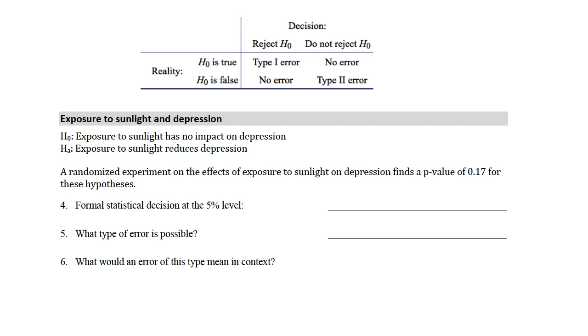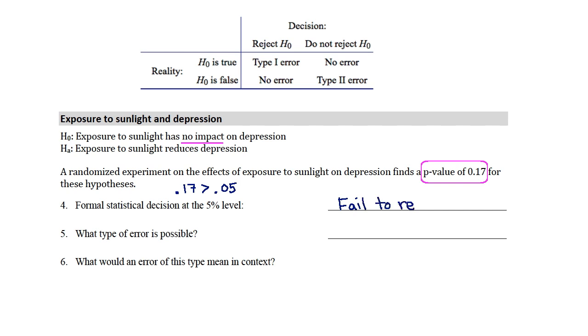So our null hypothesis is that there is no impact, a very standard null hypothesis, that sunlight has no impact on depression, and our alternative hypothesis is that exposure to sunlight reduces depression. If the p-value from this study was 0.17, then at the 0.05 level, or the 5% level, we're comparing 0.17 to 0.05, and we can see that it is in fact greater. And so we clearly fail to reject.